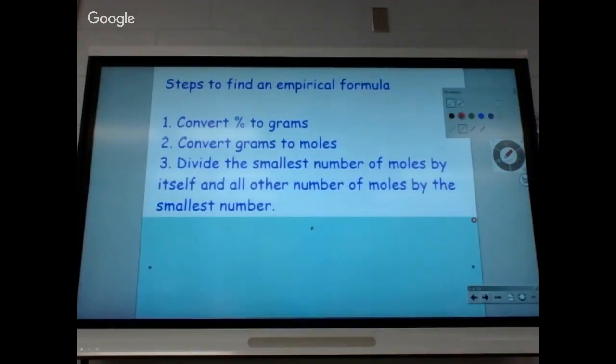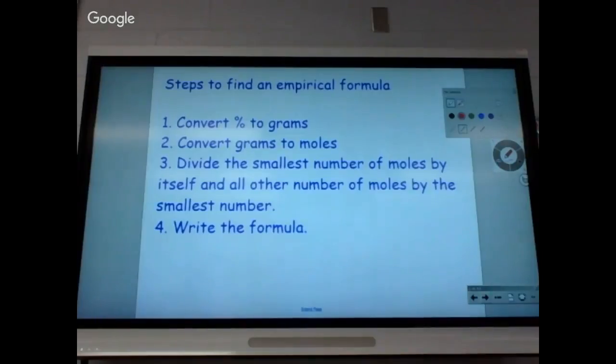Add 5. So if you divide the smallest number of moles by itself, what do you have to do to all the other numbers of moles? You've got to divide them by that smallest number. That's all number 3 is saying. Everybody has to get divided by that smallest number. And then number 4 is the easy one. We write the formula.